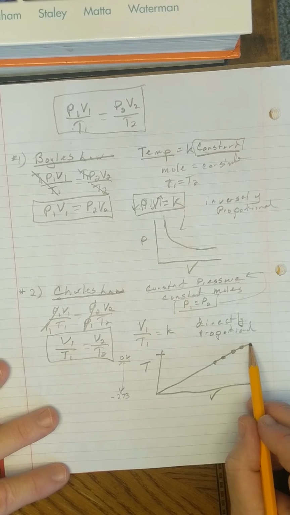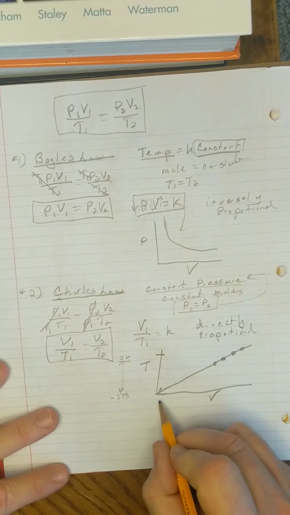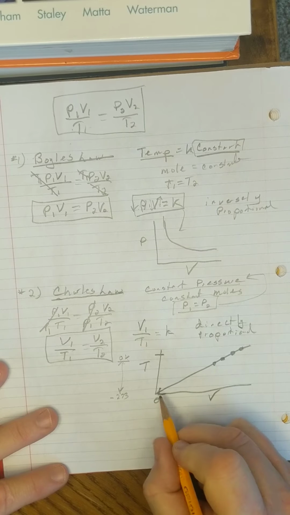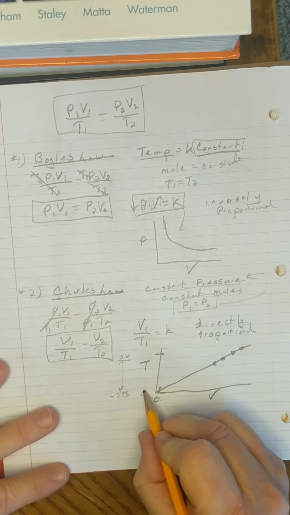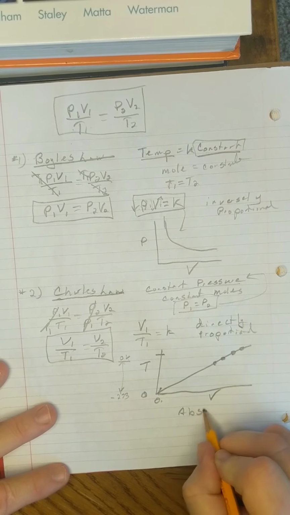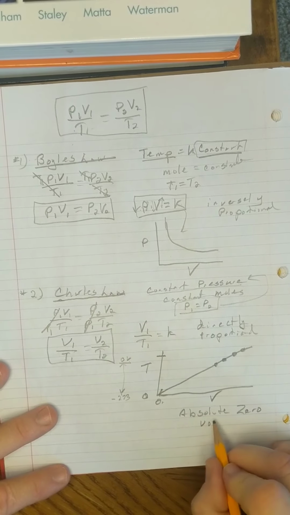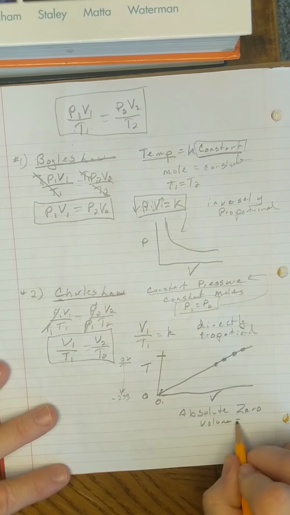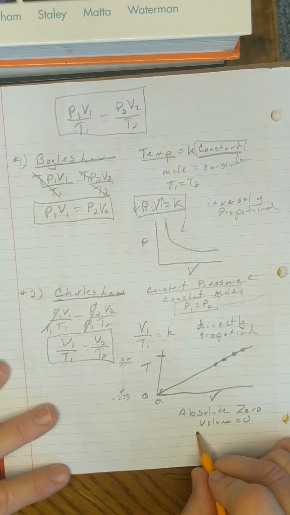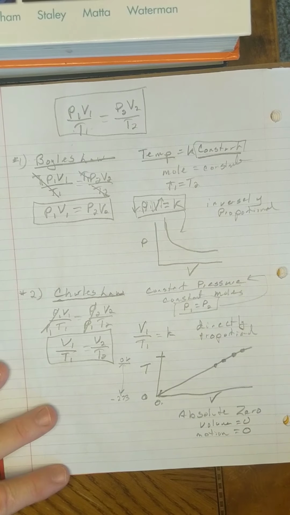He extrapolated. He went outside the data, and when you come down to it, he found that at 0 volume, your temperature was, that's how he set absolute 0. So absolute 0, volume is equal to 0, and your molecular motion is equal to 0.